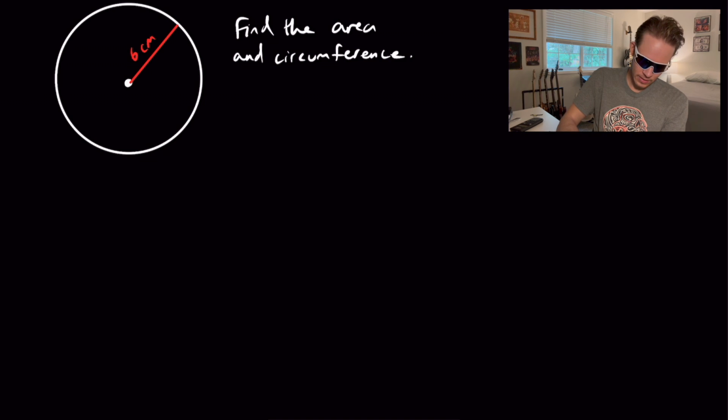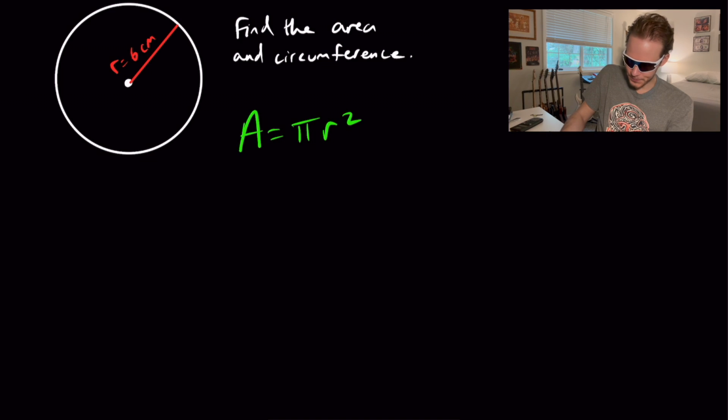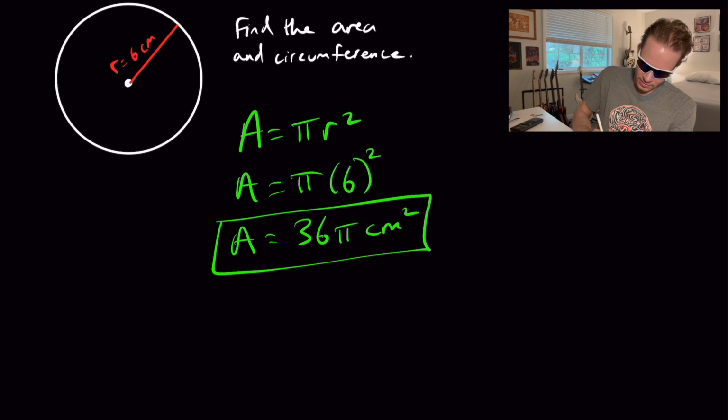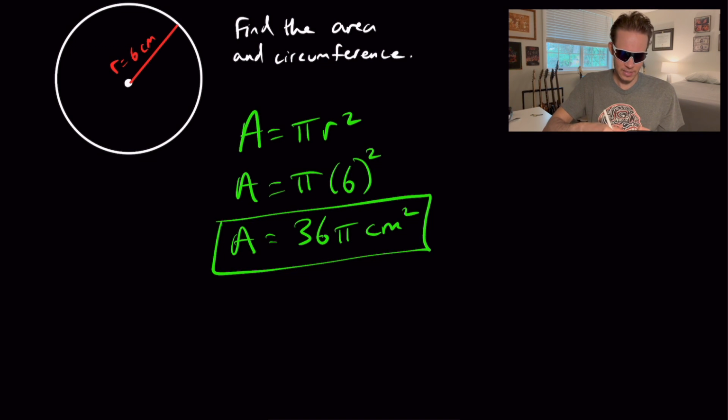So as an example, find the area and circumference of this circle. Well, what we're given is the radius, and that's 6 centimeters. And the formula for area of a circle, right, is area is equal to pi r squared. So I'll just plug in what I know for r, which is going to be 6 squared. So area is equal to 36 pi centimeters squared. So you could leave your answer like this, and actually this probably would be the most correct, it's the most accurate.